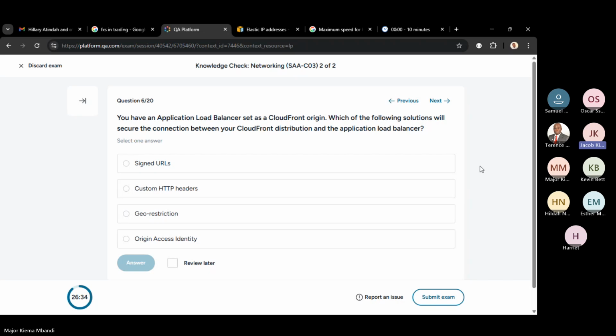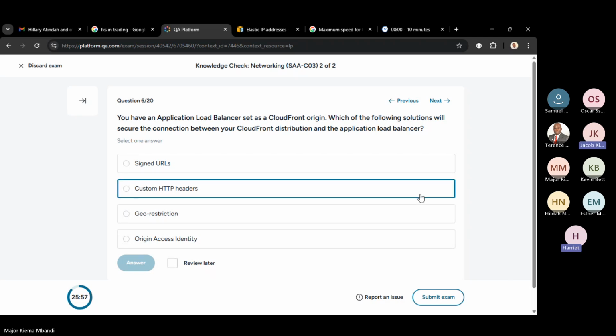So back to Harriet. Okay. You have an application load balancer set as the CloudFront origin. Which of the following solutions will secure the connection between your CloudFront distribution and application load balancer? Okay, can you read for me the options?